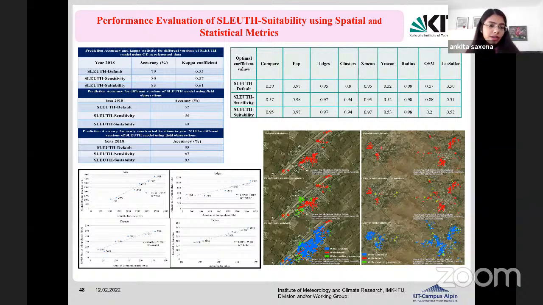It was well validated, and we found 83% accuracy. It was quite interesting to see how that suitability part has improved the accuracy of that model.